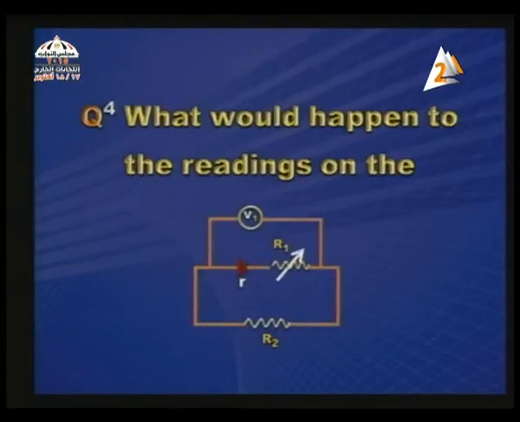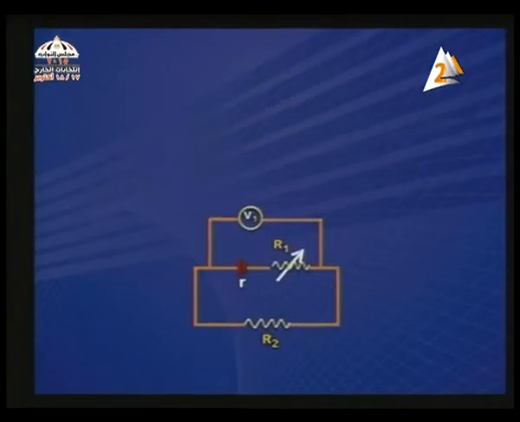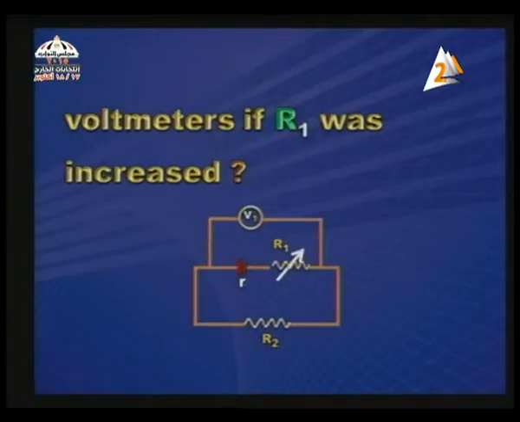Another question, what would happen to the readings on the voltmeter when R1 was increased? Your attention, please. There is something tricky here. The reading on the voltmeter is not the terminal voltage. It is just the reading on R2.